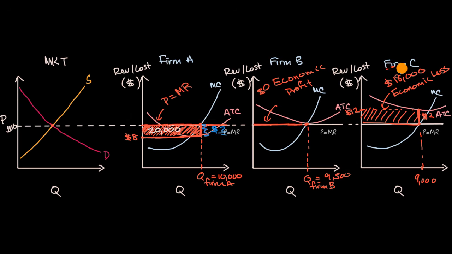And so for firm C, while they've already put in those fixed costs, it is actually rational for them to do it because they're able to make the marginal revenue they get up to that quantity. They're able to more than cover their marginal costs, and then they're able to take care of some of their fixed costs, but they're still not able to run an economic profit. So in the long run, it wouldn't be rational for this firm to stay in the market. They would likely exit the market.